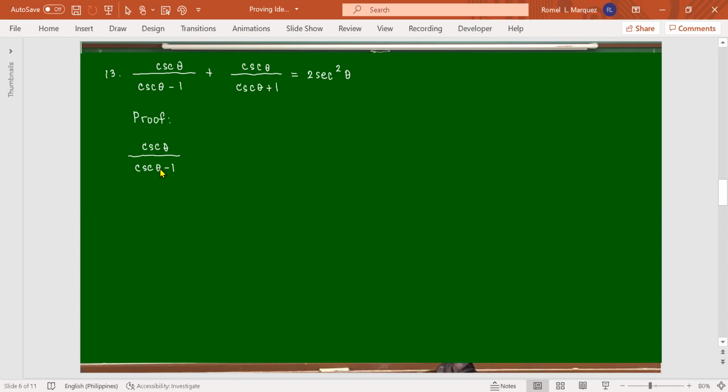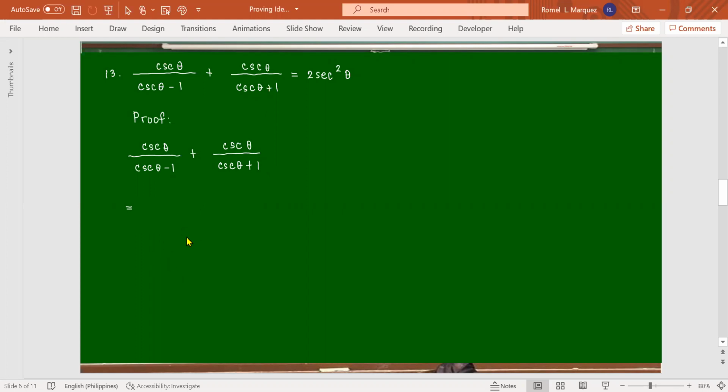So cosecant theta minus 1 plus cosecant theta all over cosecant theta plus 1. Okay? So let's see what we can do here.